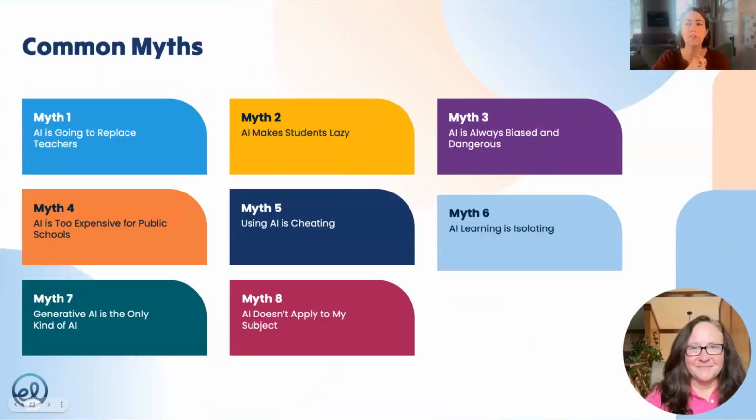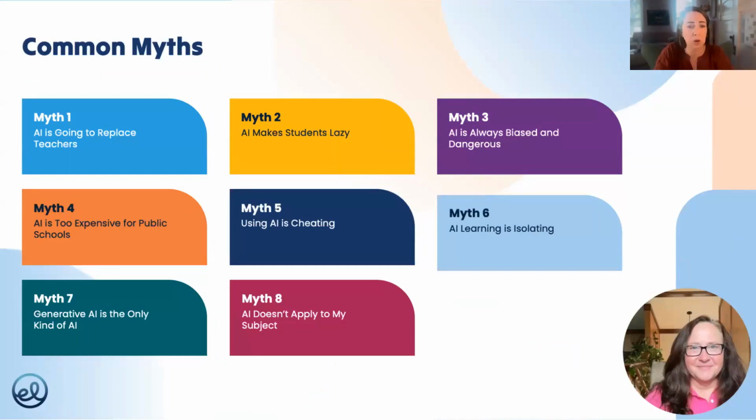But I want to talk about a few myths. It's no surprise that this has sparked a lot of questions and debate at the school level, but let's unpack some of the truth behind them. Myth number one, AI is going to replace teachers. Let's be clear, this is not a substitute for educators.